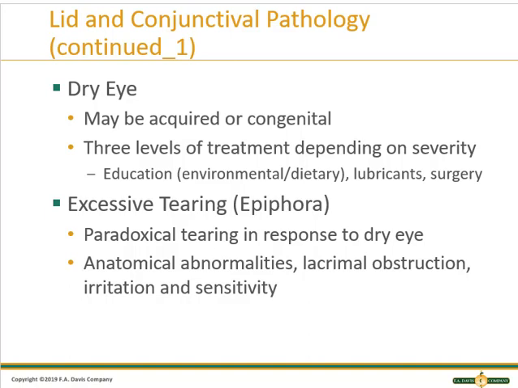T cells are known to produce cytokines that can result in a neural signal to the lacrimal gland that disrupts the production of tears. And certain medications are known to decrease tear production. These include anticholinergic agents, beta-adrenergic blockers, and antihistamines with anticholinergic effects.